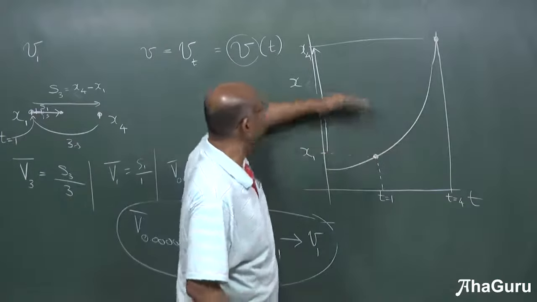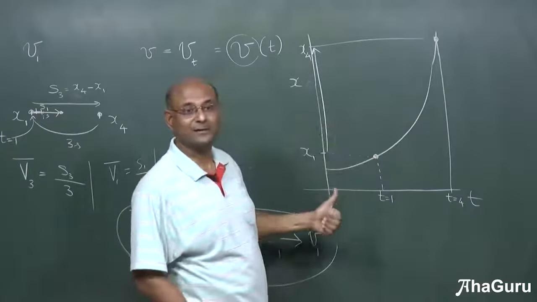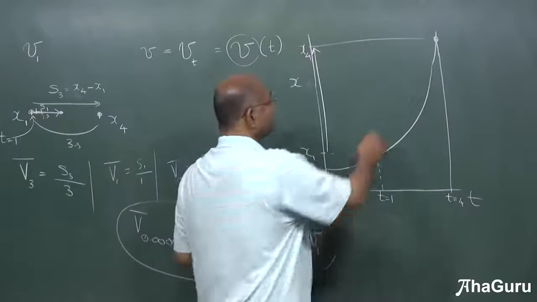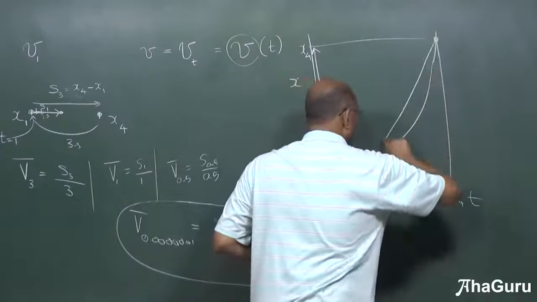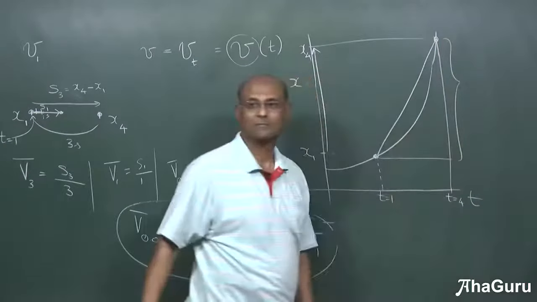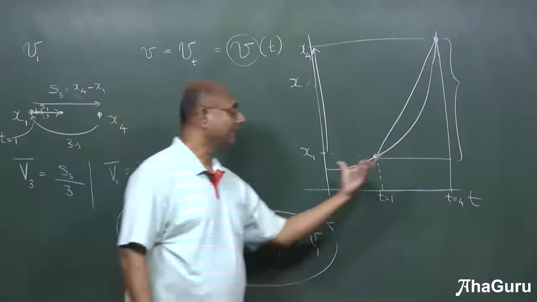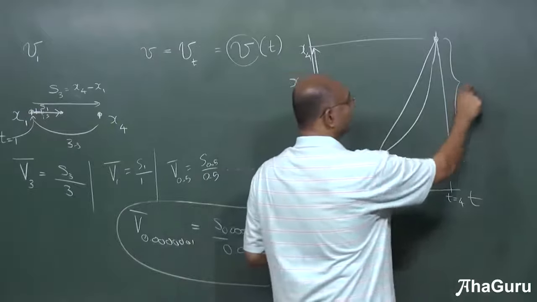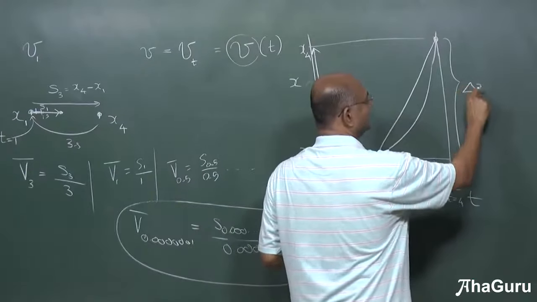That means the object went from here to there. So what was its displacement? Correct? So the displacement, if I draw this line, is this. The time interval is this. We call this delta x, change in x.